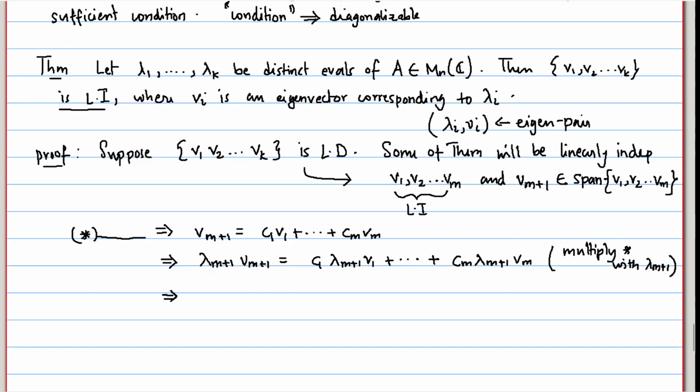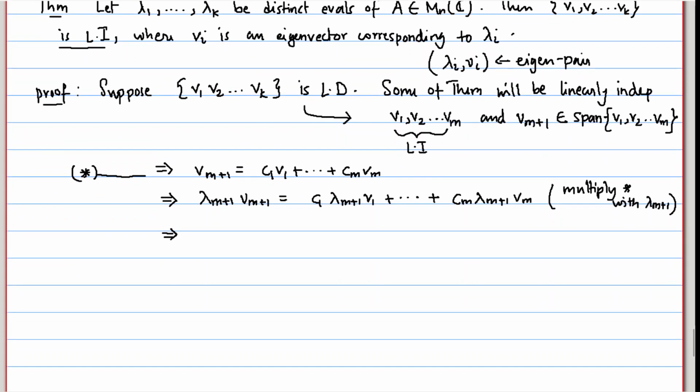Now I multiply star with the matrix A. Then I would have A times Vm plus 1 equals C1 A V1 up to Cm A Vm. On the left hand side, A times Vm plus 1 is nothing but lambda m plus 1 Vm plus 1.